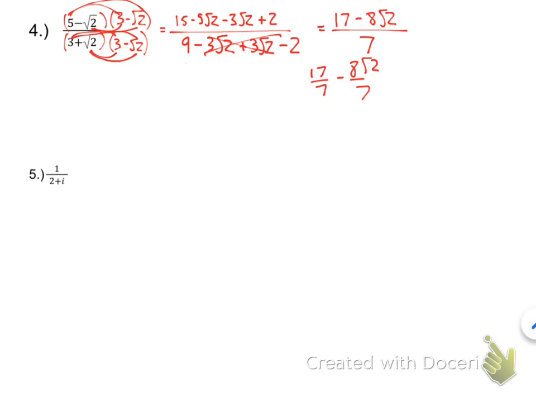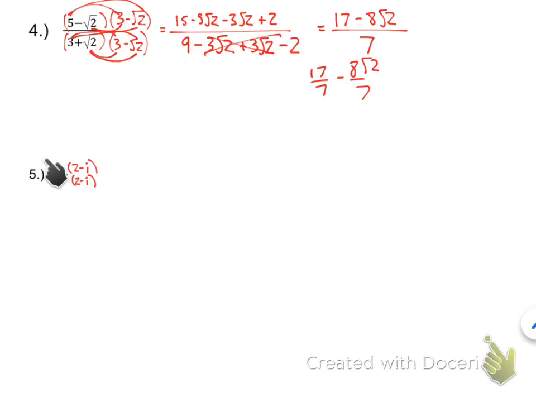Same thing. I got to get rid of 2 plus I on the bottom, so I multiply by what? 2 minus I. 2 minus I, 2 minus I. Guys, guess what? If I cover this up, what's 2 minus I divided by 2 minus I?